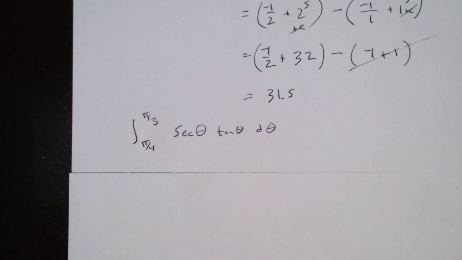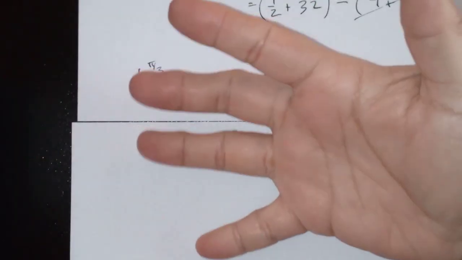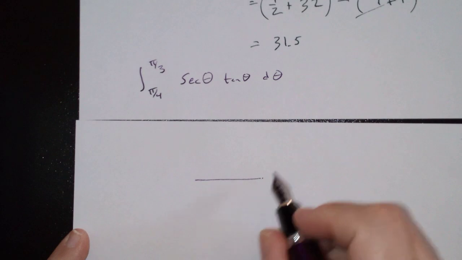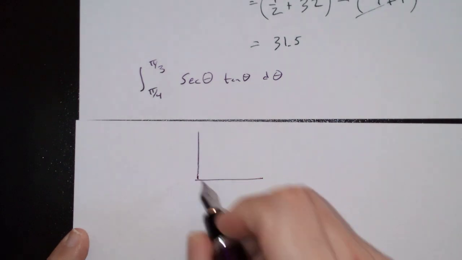Remember your hand trick? Does anybody know the hand trick? Oh, I get to teach you all the hand trick again. Put down your hand. You've got your pinky and your thumb.